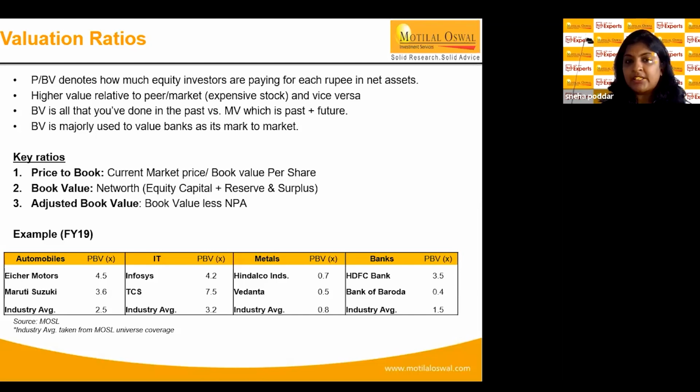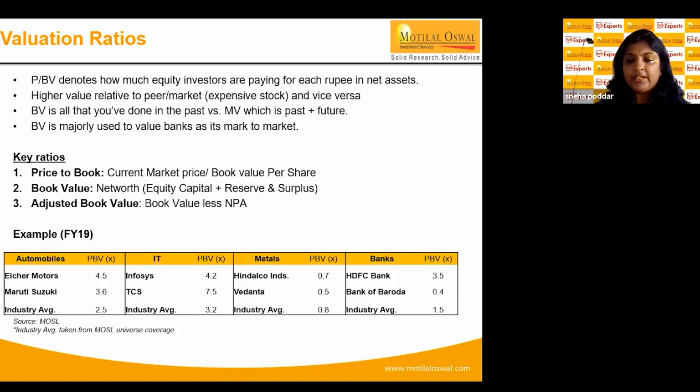For example, in the current scenario, since they have a strong liability side, they would be able to manage even if their asset quality deteriorates or stressed assets increase. Given their healthy balance sheet, they would command a higher valuation compared to the banks which are facing a lot of asset quality issues.